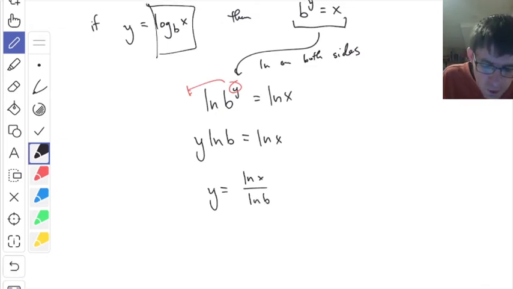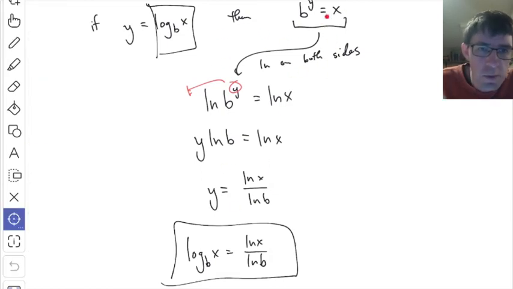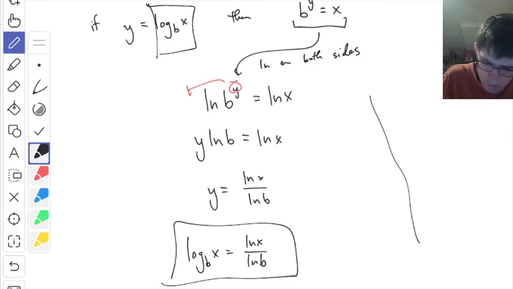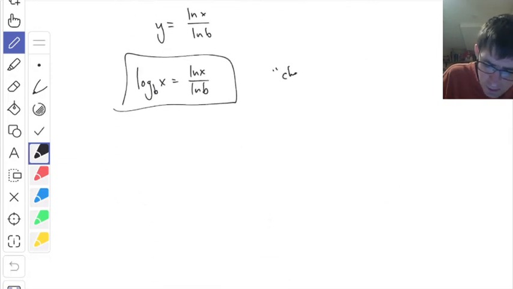So in conclusion, log base b of x is ln x divided by ln b. This is what they call the change of base formula. It comes from just doing some simple manipulations of the logs. If you rewrite things and take some ln's on both sides, you can come up with this special formula. This is called the change of base formula.